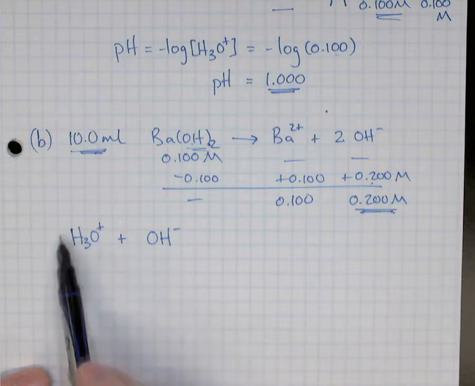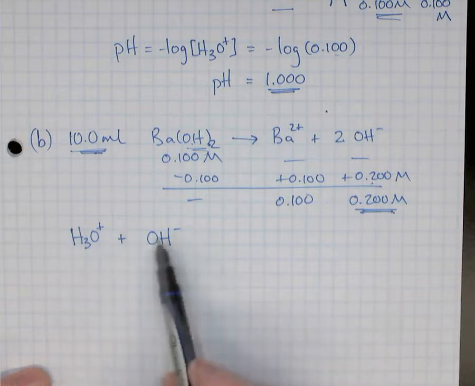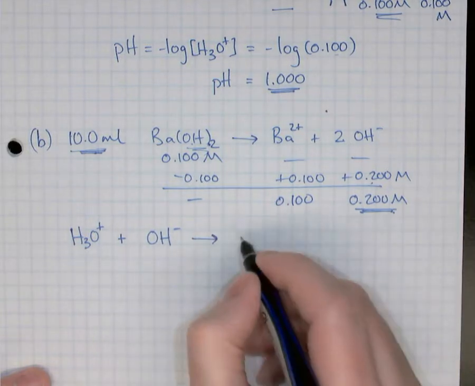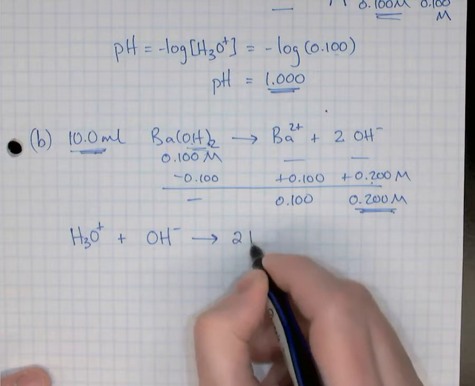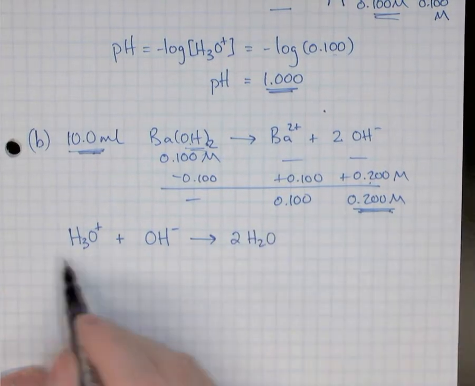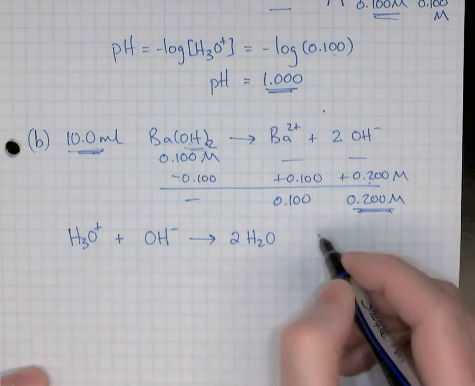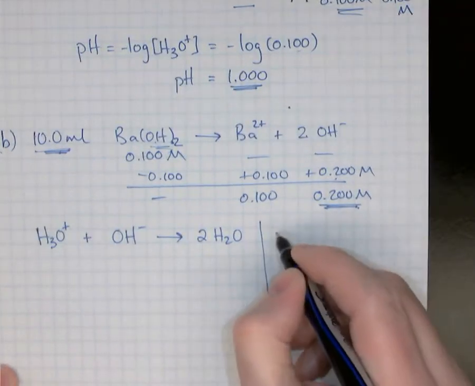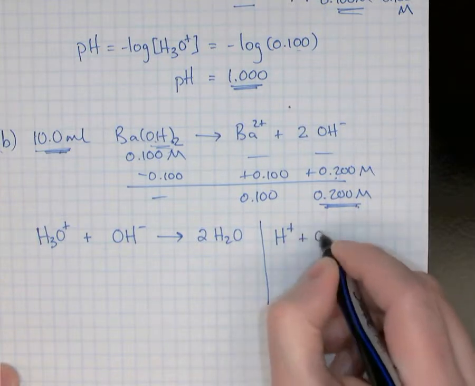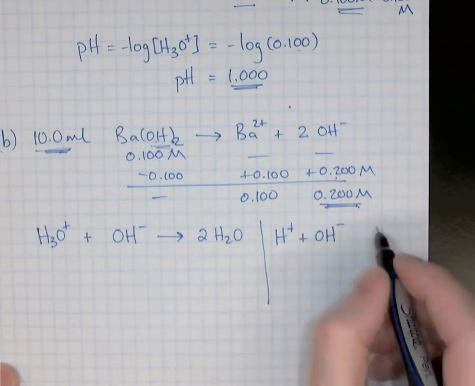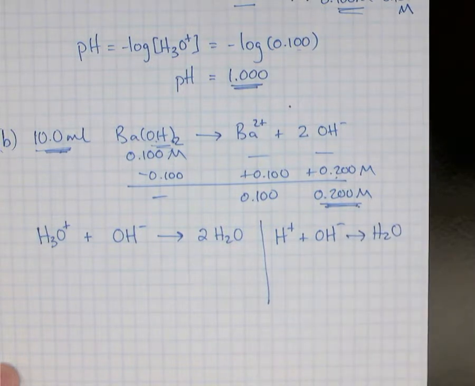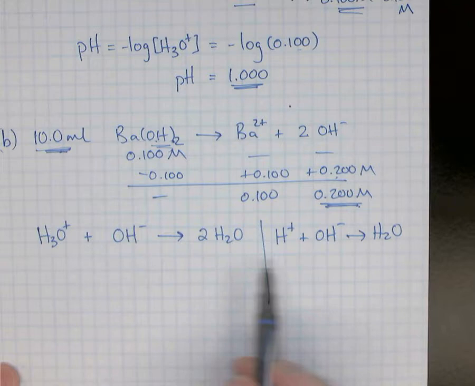You can just represent the strong acid as hydronium and the strong base as hydroxide. And then what you produce, in this case, would be 2 water molecules. Now some people, instead of hydronium, would prefer to say just hydrogen ions. So you could say hydrogen ions come from the strong acid, react with hydroxide ions from the strong base, and that produces 1 water molecule. It doesn't really matter which way you do this.